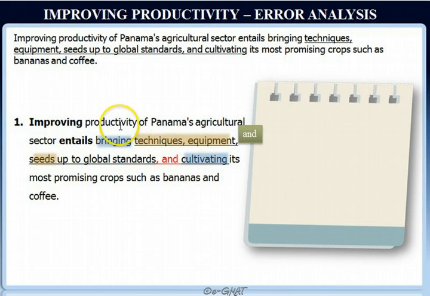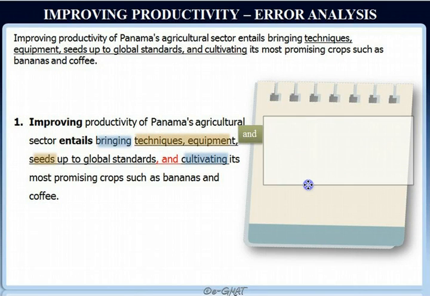So when you have only two elements in the list, those two elements should be connected by only and, not a comma and. So really this sentence has this parallelism connection error in that it's not connected appropriately.